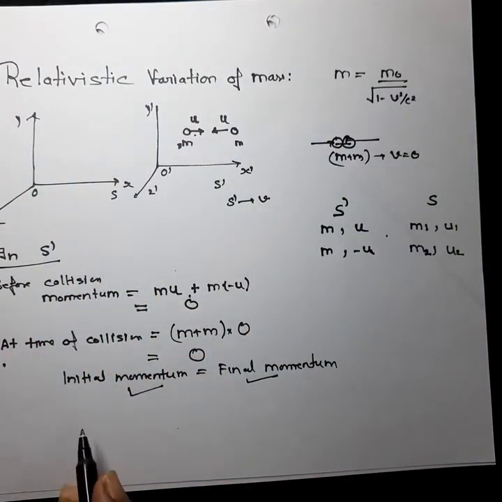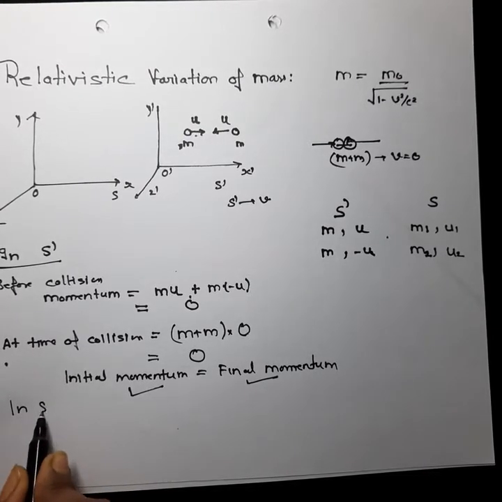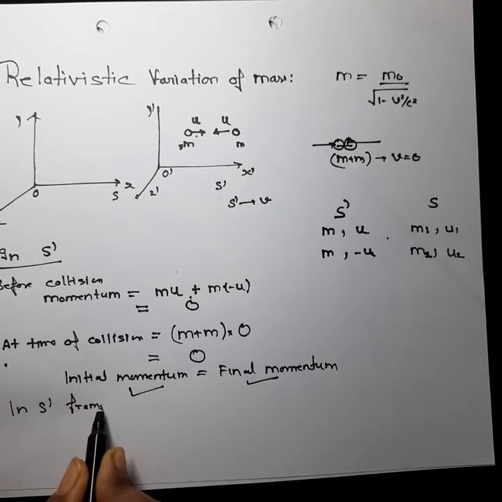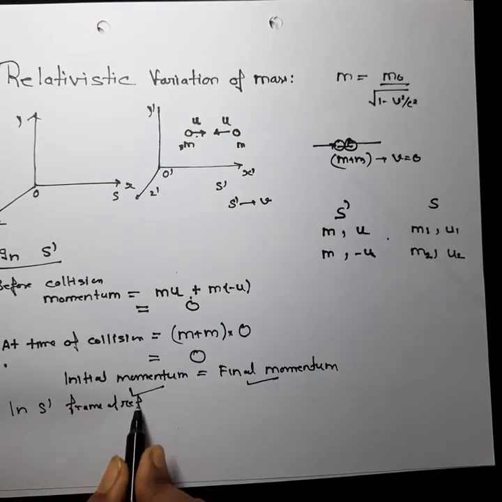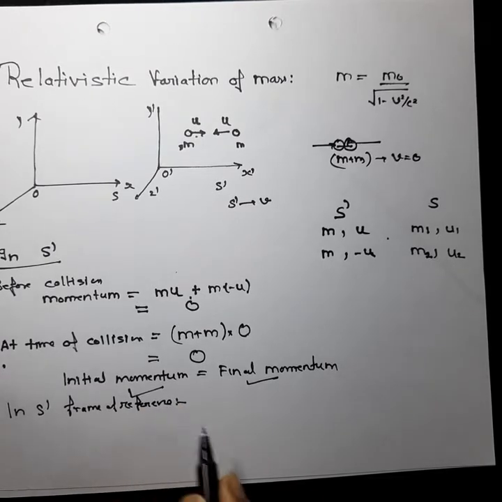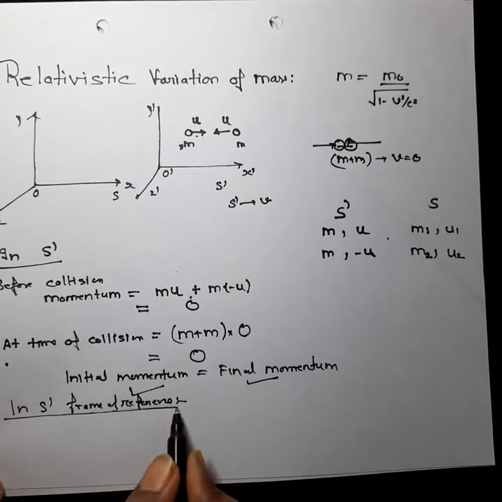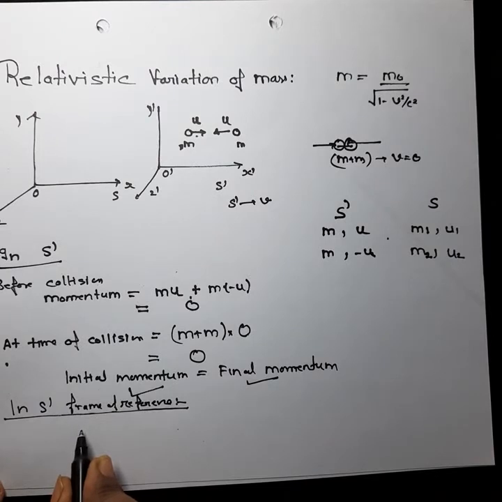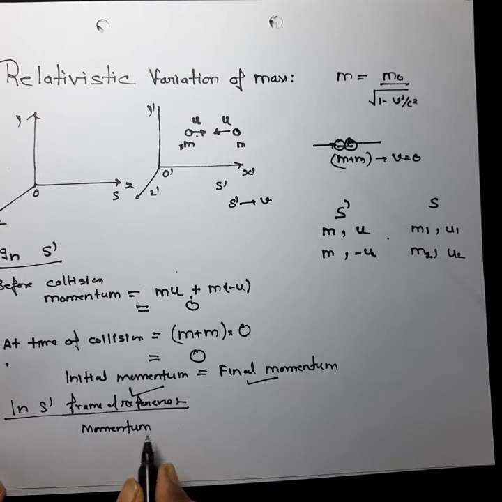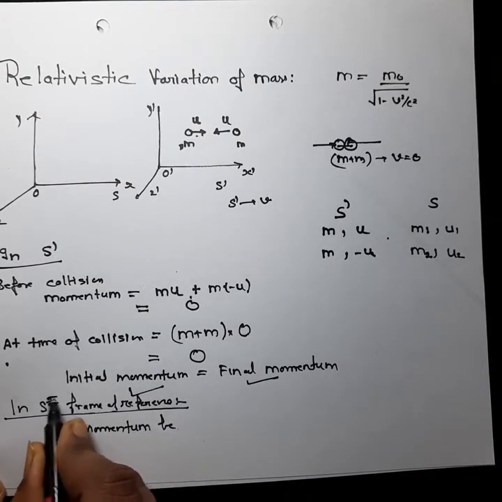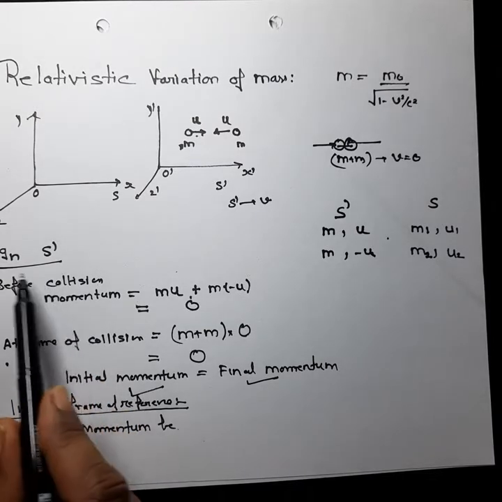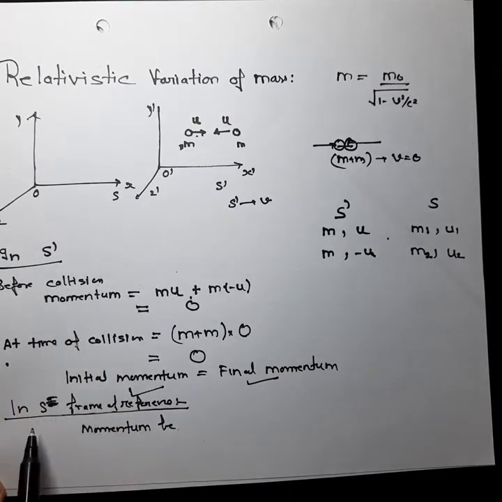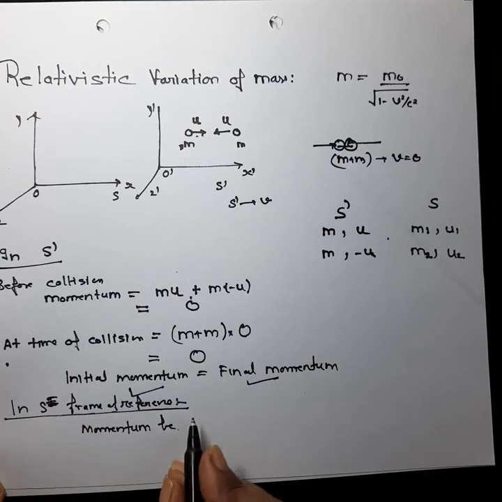Now I am talking about the S frame of reference. So far we have discussed the S dash frame of reference, and now I am going to discuss the S frame of reference.